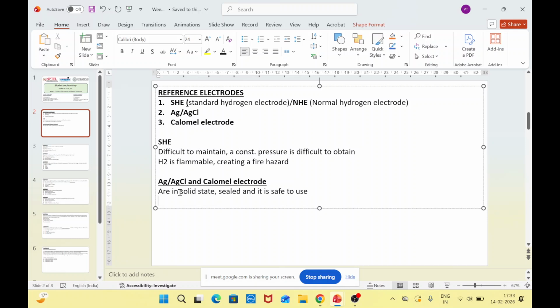The second thing is that it helps to provide a constant potential. The potential often fluctuates in the order of microvolts. Due to this, AgAgCl and the calomel reference electrode are often preferred in electrochemical cells.